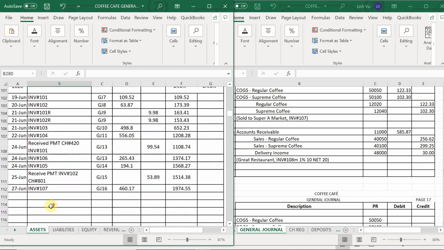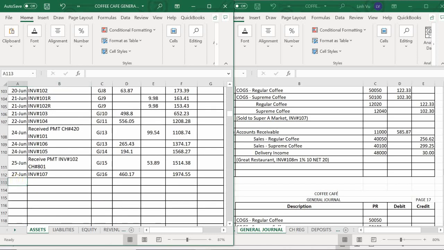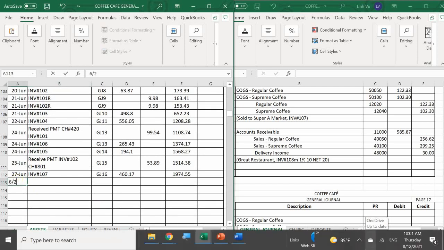Okay, there it is. It's the 27th. This is for invoice number 108. We're still on the 17th.